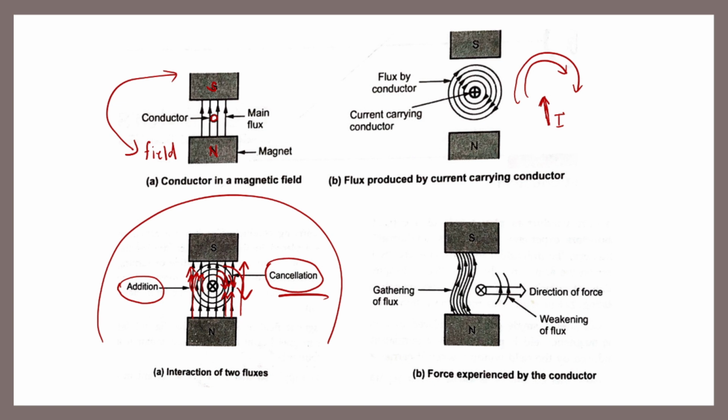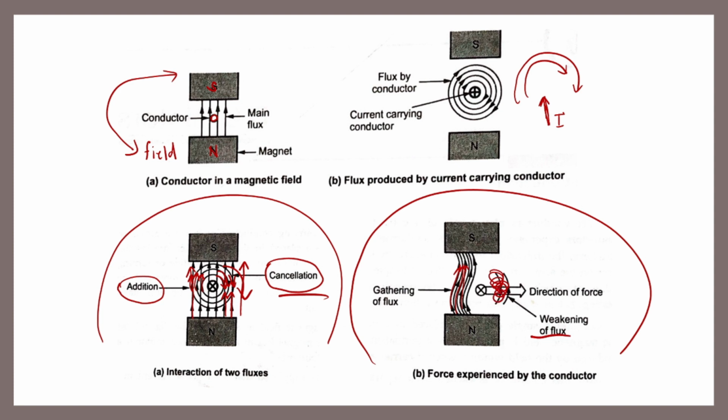So in general, this last figure shows the force experienced by the conductor. That's why on the left side there is gathering of flux, so pasabot mas kusog ang flux diri. And remember that flux are what we call magnetic lines of forces. Whereas on the other side there's weakening of flux. Tungod sa cancellation, ning weaken ang atoang flux on this side.